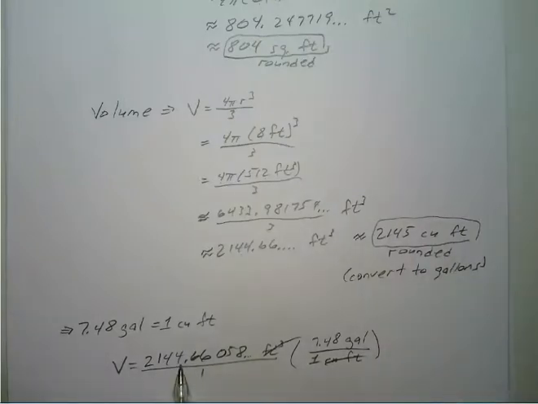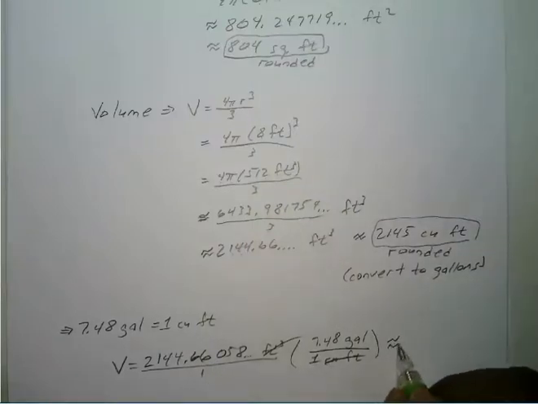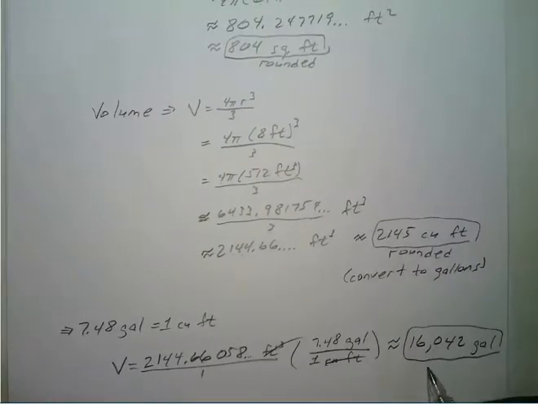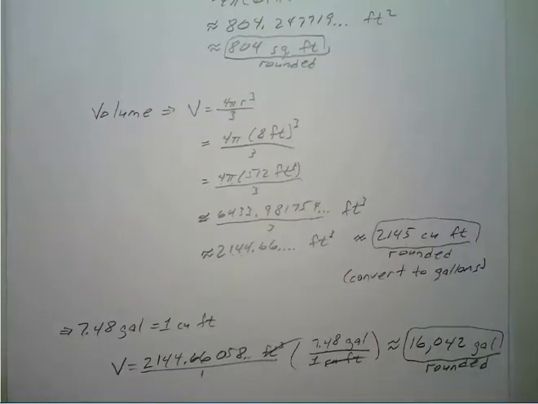So we multiply 2,144.66058 times 7.48. If we round it to the nearest whole number, we should get 16,042 gallons as your rounded answer.